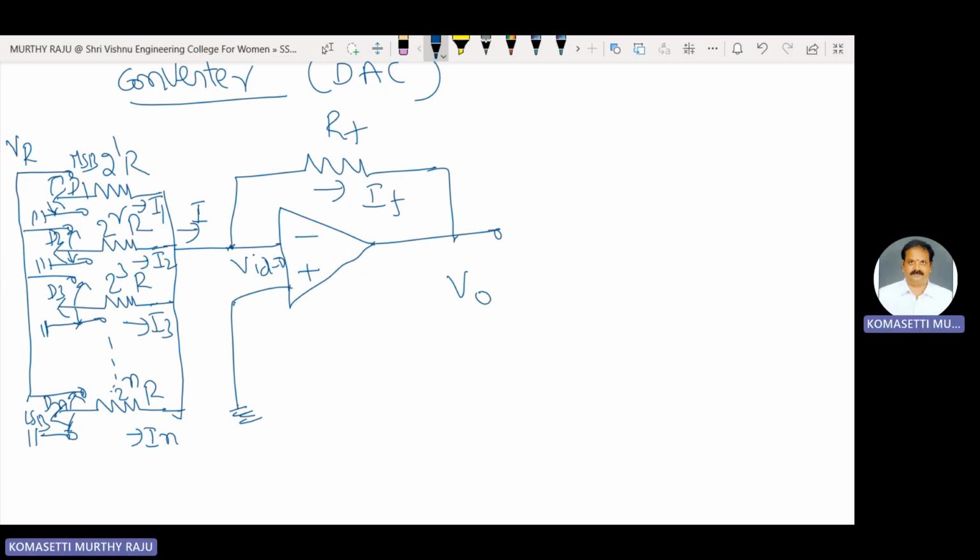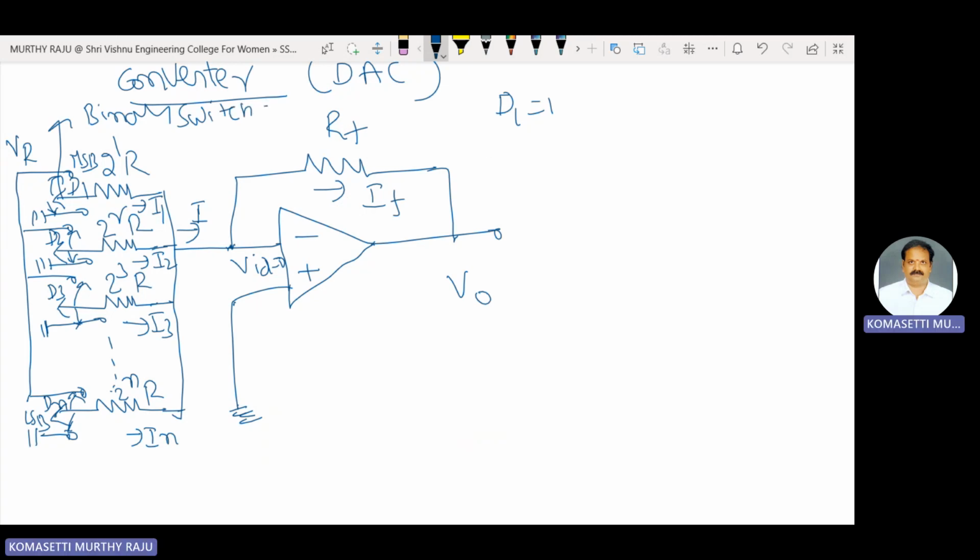If the binary input to a particular switch is 1, it connects the resistance to the reference voltage VR. Suppose D1 is equal to 1. This is the binary switch.